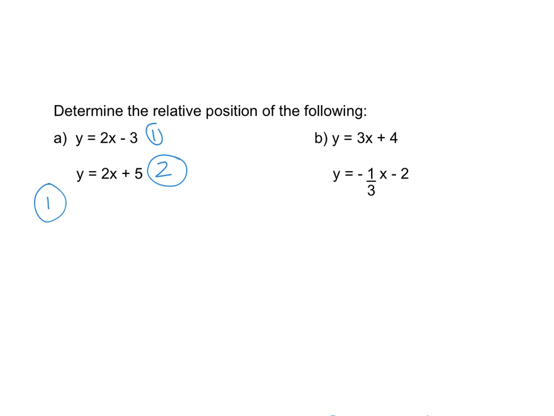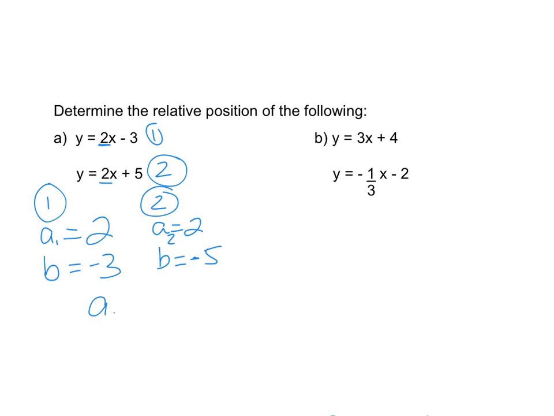For line 1, the slope is 2, that's my A, and the y-intercept is negative 3. For line 2, the slope is also 2, and the y-intercept is negative 5. So we know that slope 1 and slope 2 are equal to one another: A1 is equal to A2.